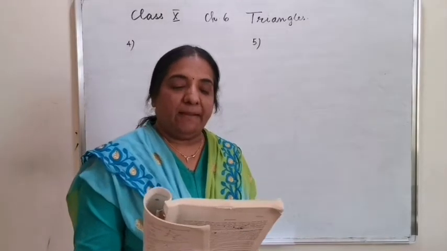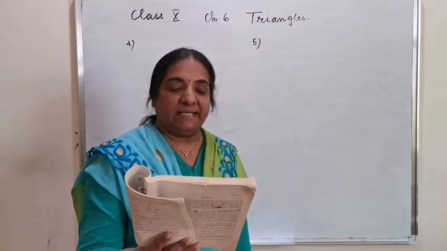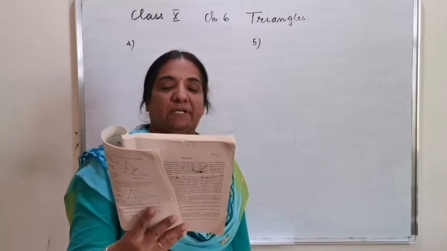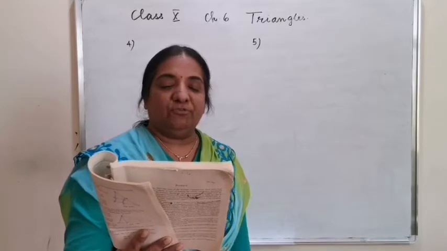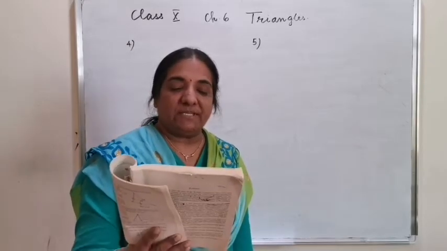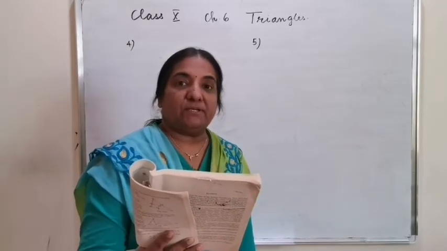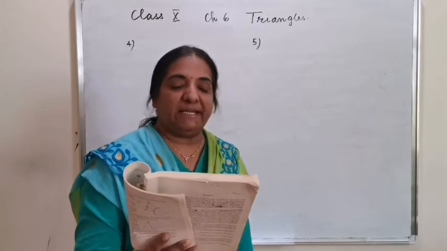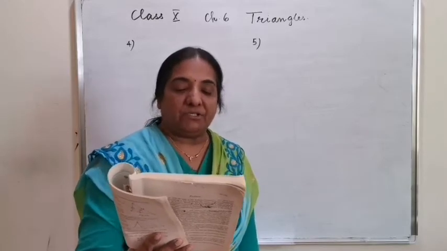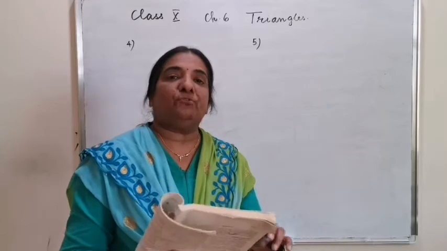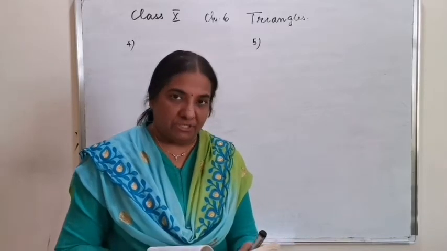Question number 3. In the figure, ABD is a triangle right angled at A and AC perpendicular to BD. You have to prove AB square is equal to BC into BD, AC square is equal to BC into DC, and AD square is equal to BD into CD. It's the same proof as we have done in question number 2.